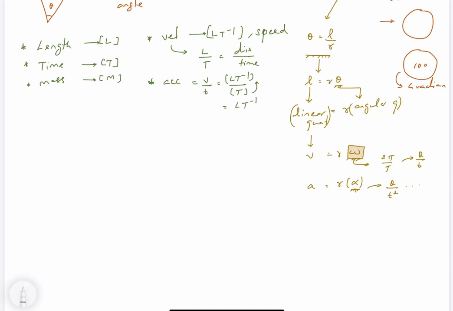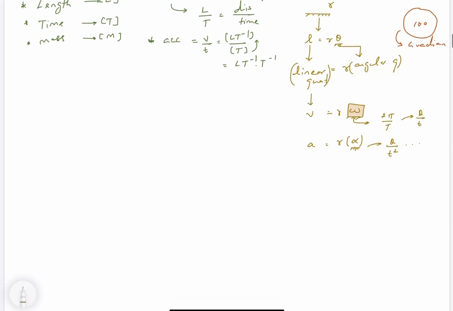And as you know the rules of exponents, when you bring something above, the sign of the exponent will be changed. So minus 1, T power minus 1. And when you multiply two exponentials, you can simply add them up. So T power minus 1 plus minus 1 is nothing but minus 2, LT power minus 2 for acceleration.